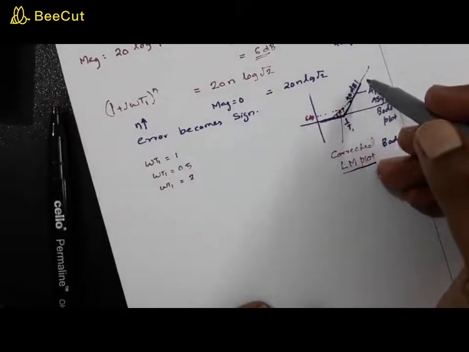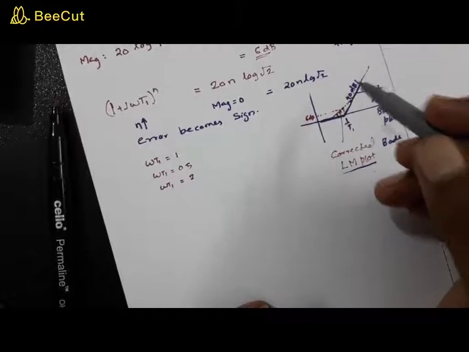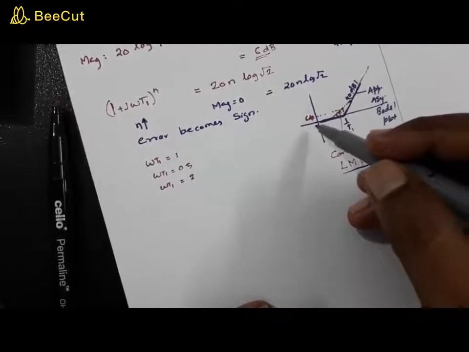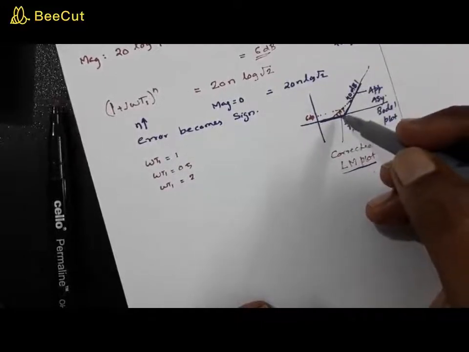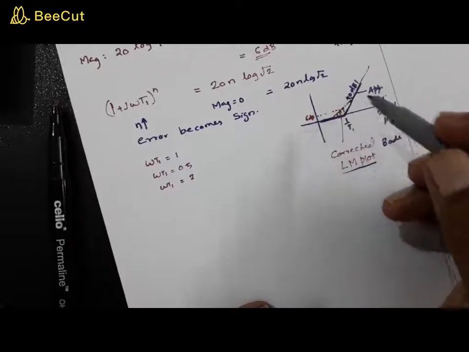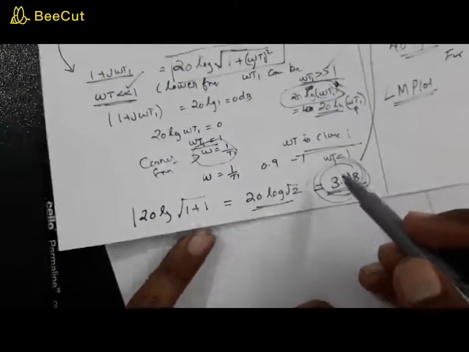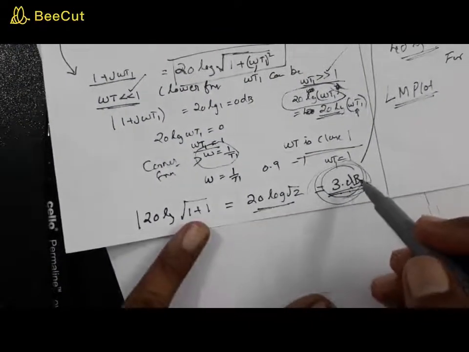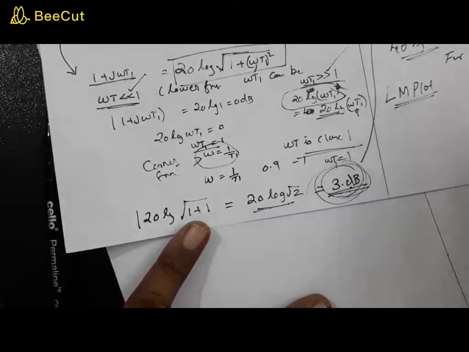Now, even for a first order system, sometimes the question can be: obtain the Bode plot and do the necessary correction. If there is a question like that, you need to plot this 3 dB as well. Even though I have told you that the 3 dB error can be neglected, this has to be shown.